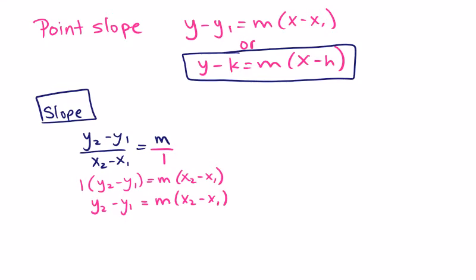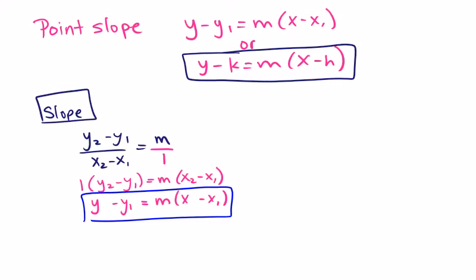And now, the way that we get the point slope formula is we have this equation, and essentially, the first x and y are just used as placeholders instead of actually being one of the points. So that's going to get us our formula y minus y1 equals m times x minus x1.